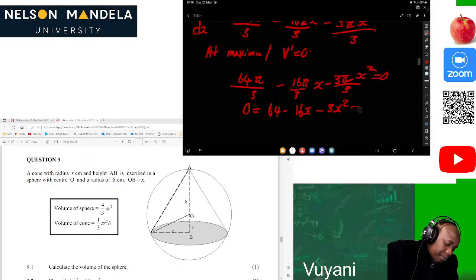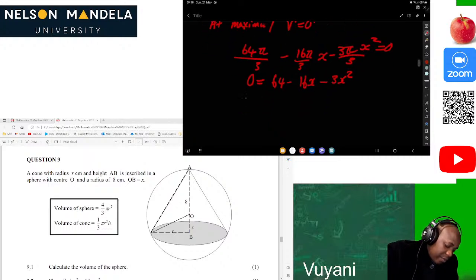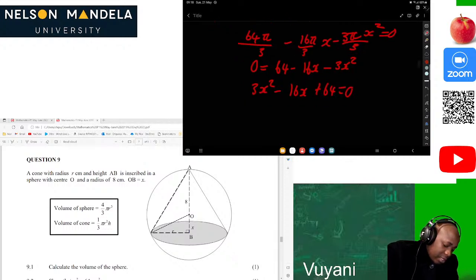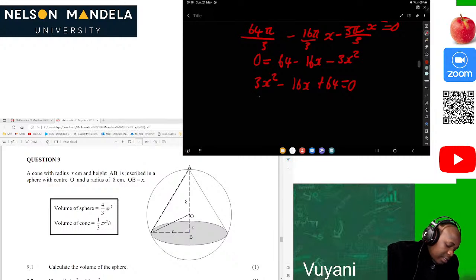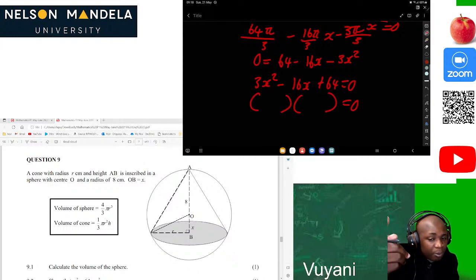Then you can solve for x: 3x squared minus 16x plus 64 is equal to 0. We can solve this by looking for the factors, or you can use your quadratic formula. If you don't know how to use your quadratic formula, please do check our video on solving for x in algebra.